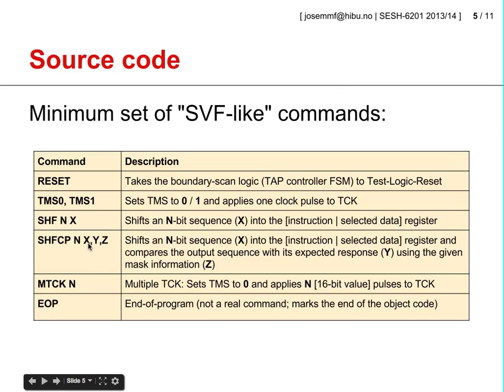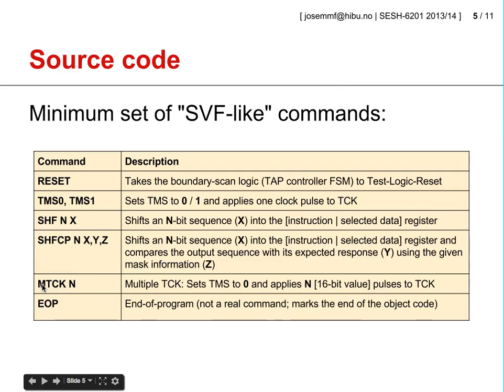So for each bit that is shifted into the board, the bit coming out from TDO will be compared with its expected value as represented in Y, and an error will be generated if the two values are different and the mask bit for that position is active.